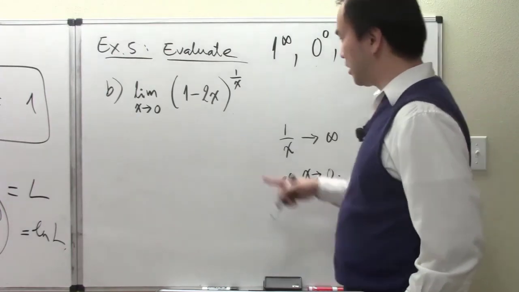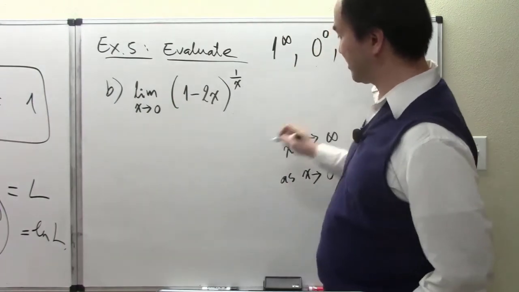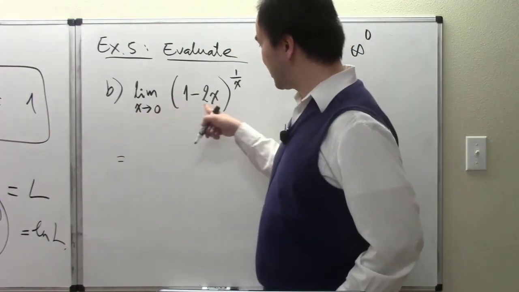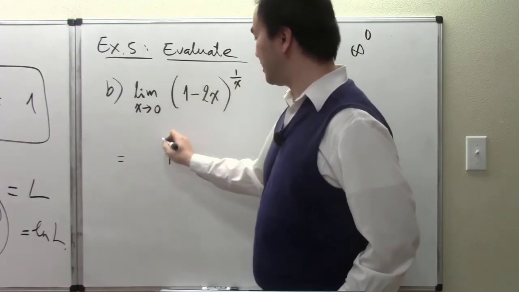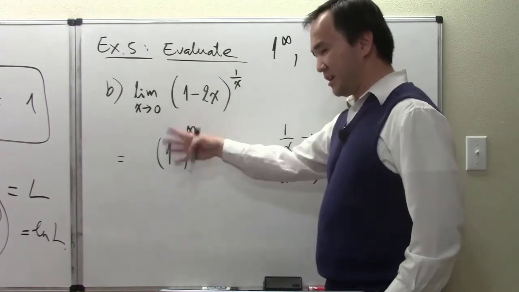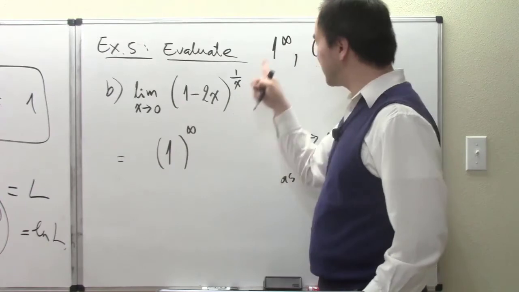And once they see this observation, they're going to rush to see that as x goes to 0, the inside goes to 1, so 1 to the infinity. And in that way we got our goal, seeing this as an indeterminate form.